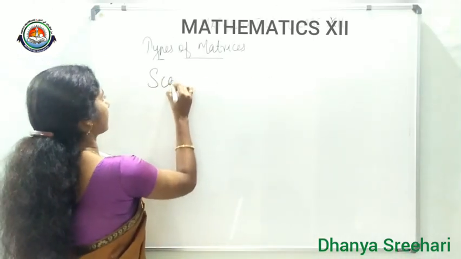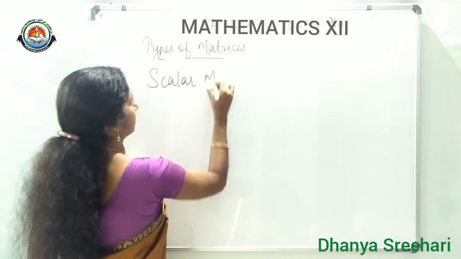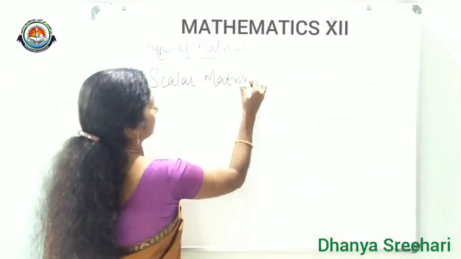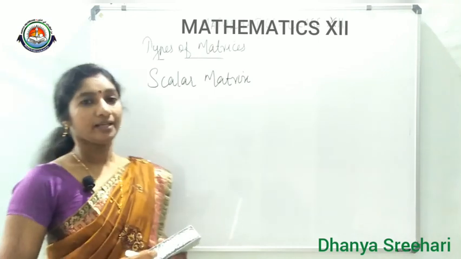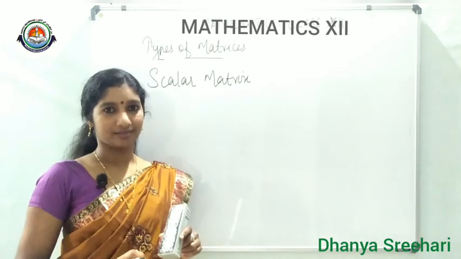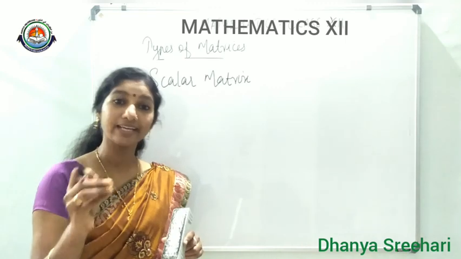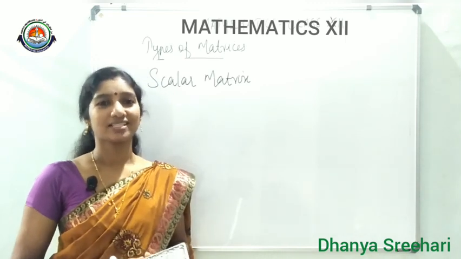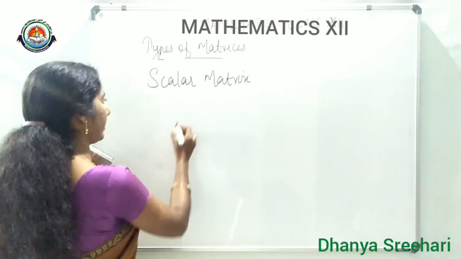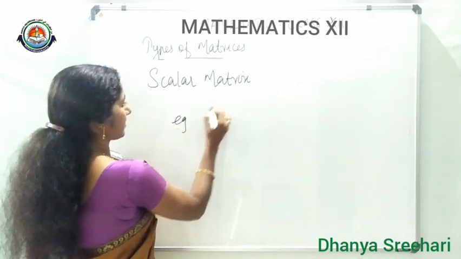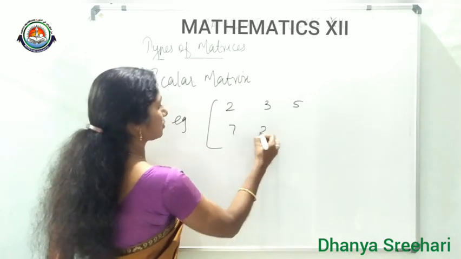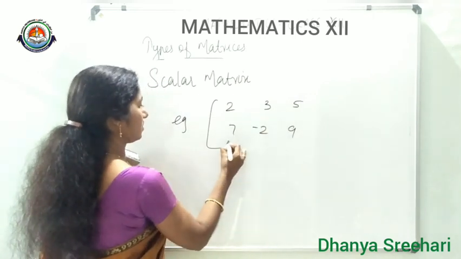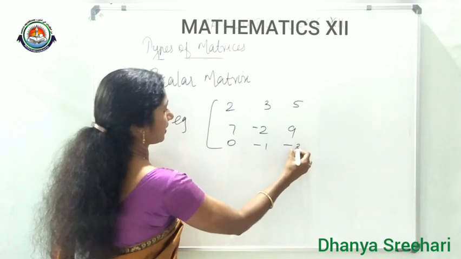Scalar matrix. Scalar matrix means, in a diagonal matrix, if the diagonal elements are equal, we will call it a scalar matrix. For example, a square matrix: 2, 3, 5, 7, 2, 9 or minus 2, 0, minus 1, minus 3.